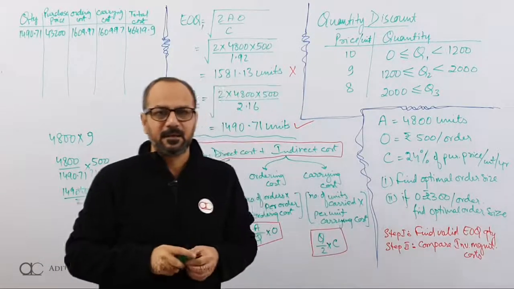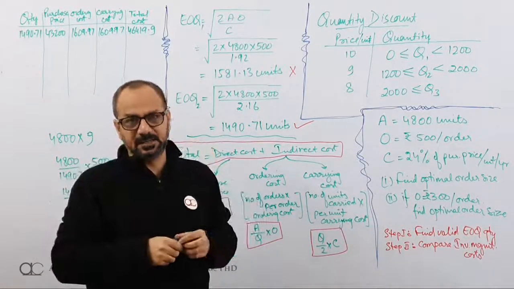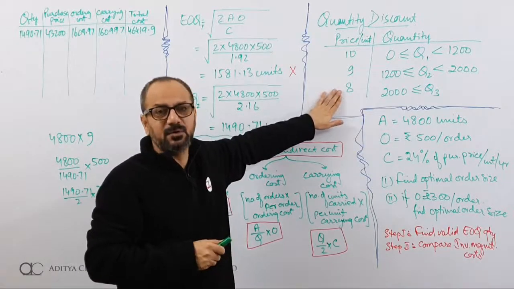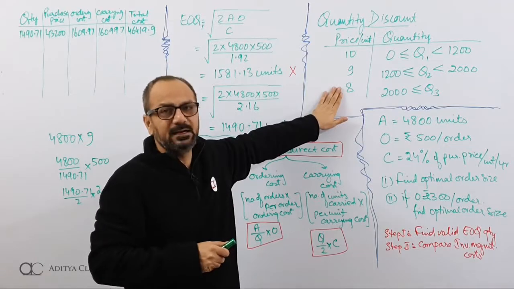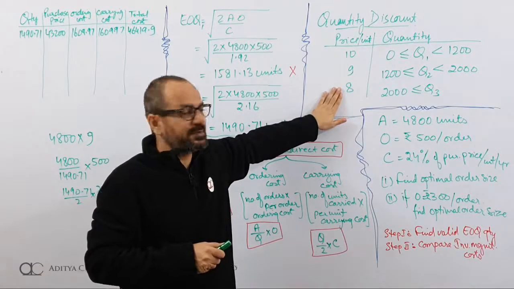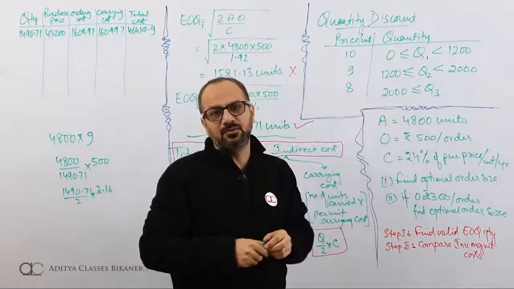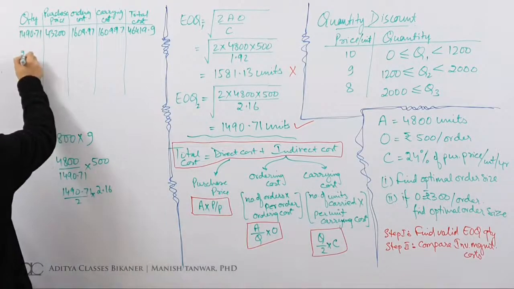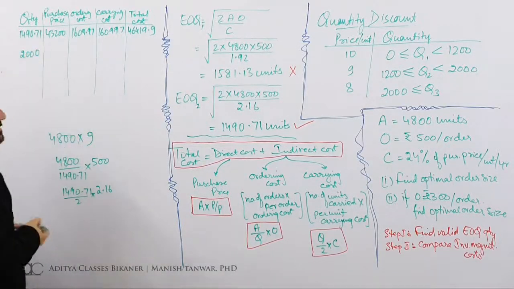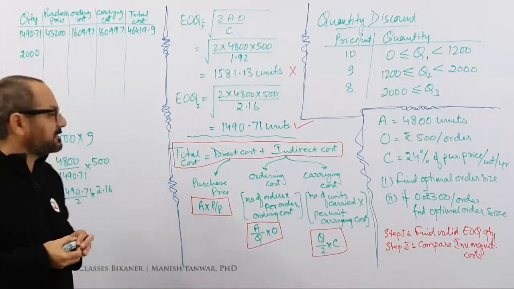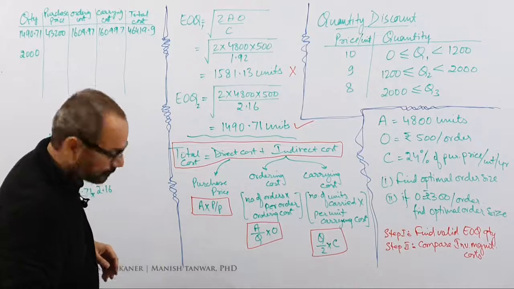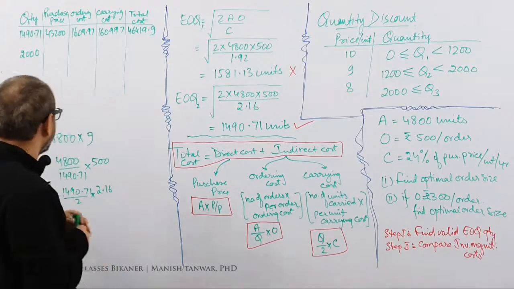So, this becomes my total cost. Now the business mind steps in and suggests that let us explore what happens at 8 rupees. When can you get 8 rupees? If you place an order of 2000. So I ask my team, let us explore what happens if I place an order of 2000. Now I'll use some other color so that we can compare.